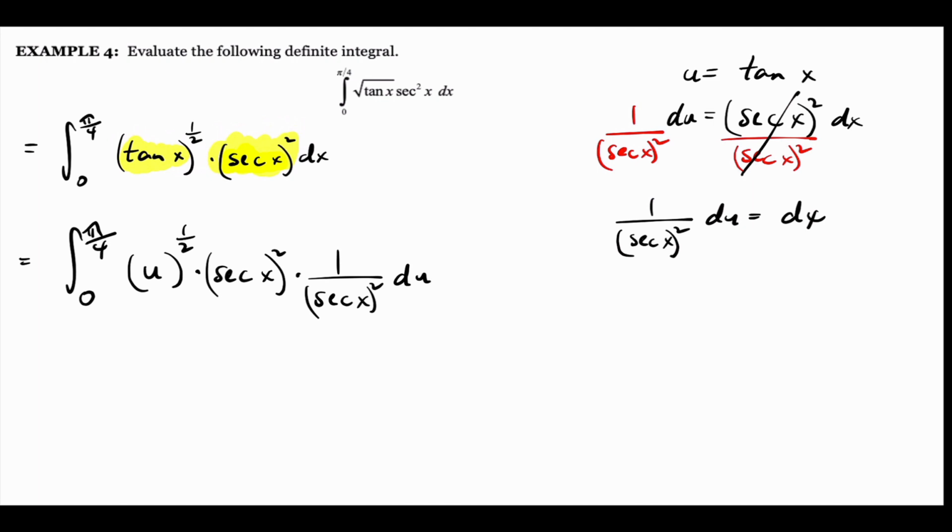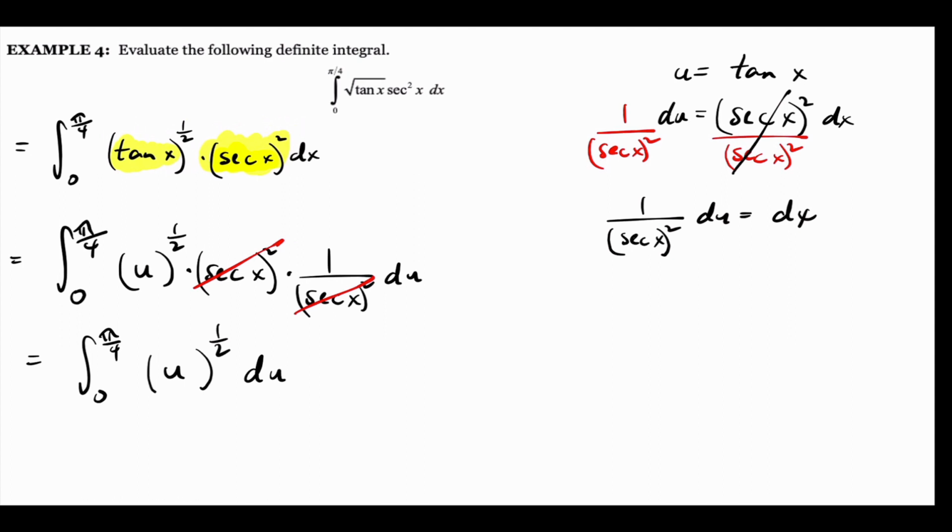I want anything with an x to go away. And it does. So now I have u to the 1/2 power du. That is what I'm going to take the antiderivative of. Add 1 to the power, divide by the new power. So it'll be 3 over 2.